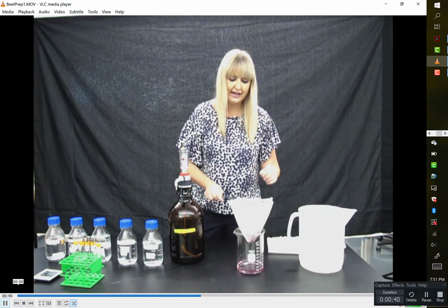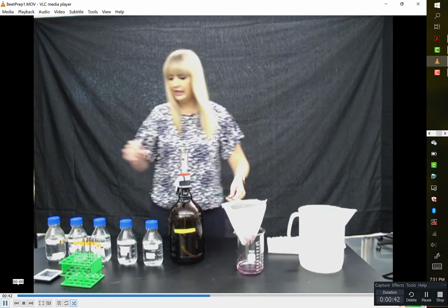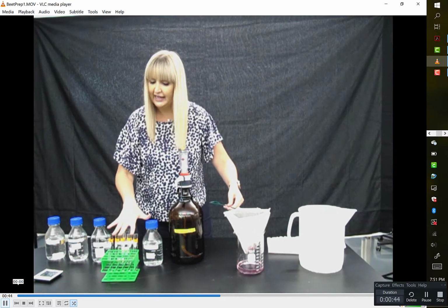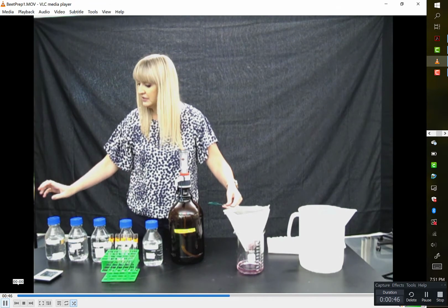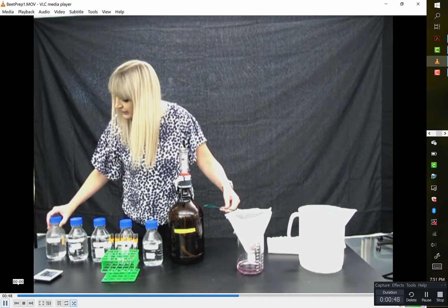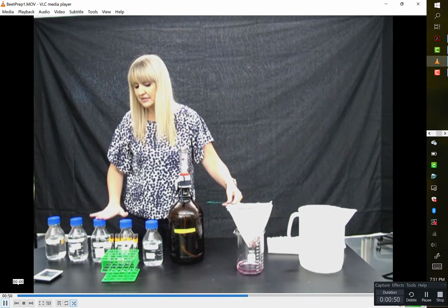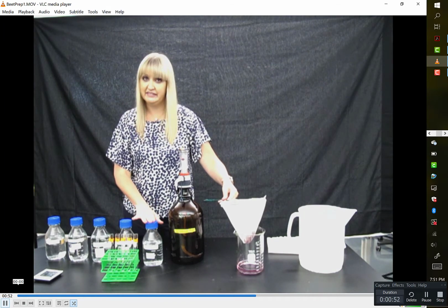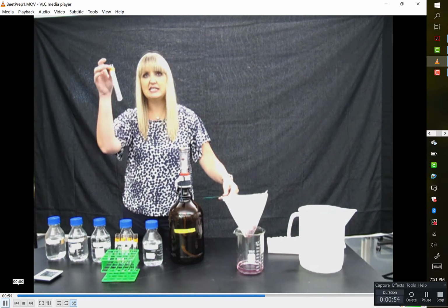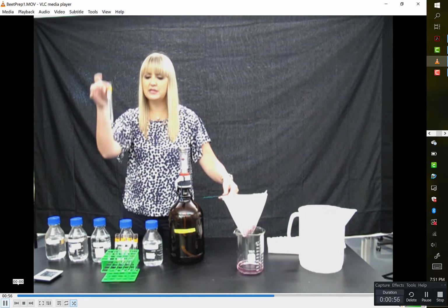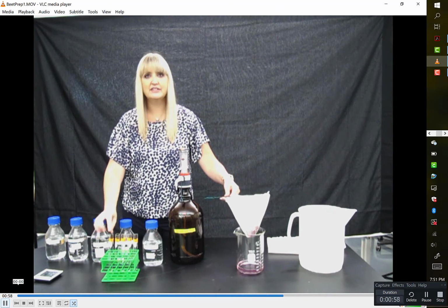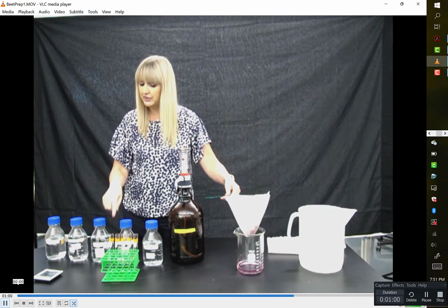So I have my beet cores, and over here I have various pH solutions. So we have our pH 3, our pH 5, 7, 9, and 11. And so what I've done is I've taken a test tube, and for each of the test tubes, I've added 5 milliliters of the solution into that test tube.